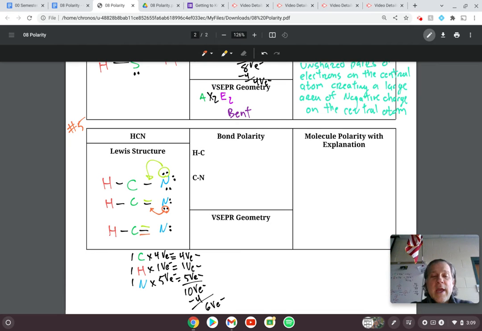Now, nitrogen has 8 electrons, 2 in dots and 6 in bonds. Carbon has 8 electrons, 8 in bonds, and hydrogen has 2 electrons, 2 in bonds. So all of the atoms have 8 valence electrons or 2, and so that is the most correct structure for HCN.